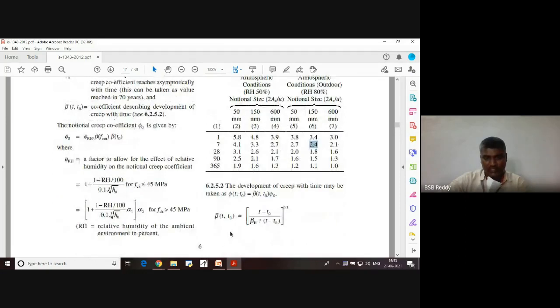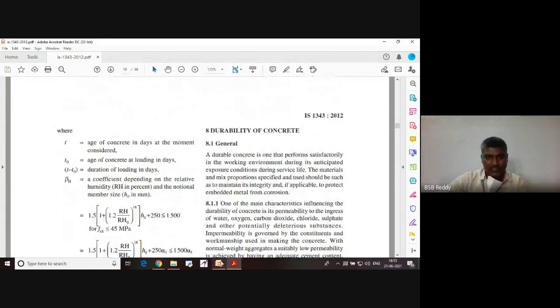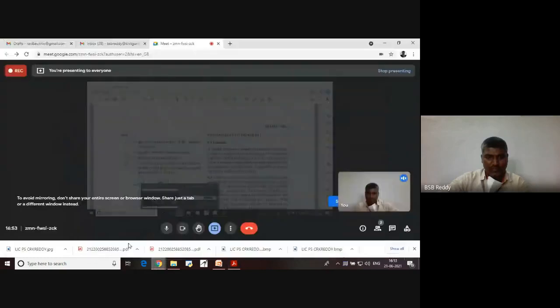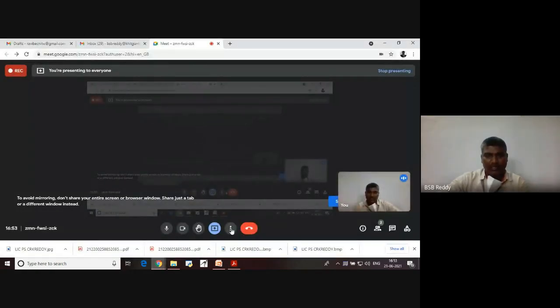So like this, you can use the IS code for the purpose of calculating creep coefficient value. Right, thank you. Practice.